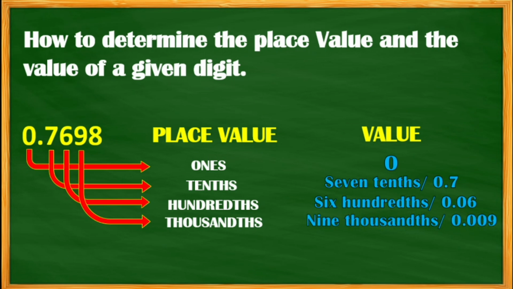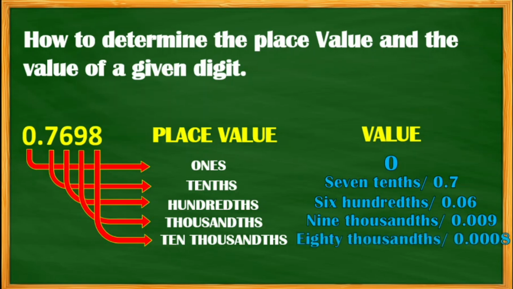The value is 9 thousandths. And then, 8. The place value of 8 is, this would be tenths, hundredths, thousandths, ten-thousandths. So this should be ten-thousandths. Now the value is 8 ten-thousandths. So this would be the value. And then this would be how to read this value.